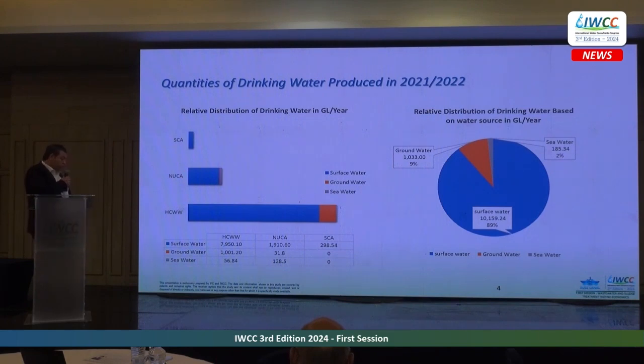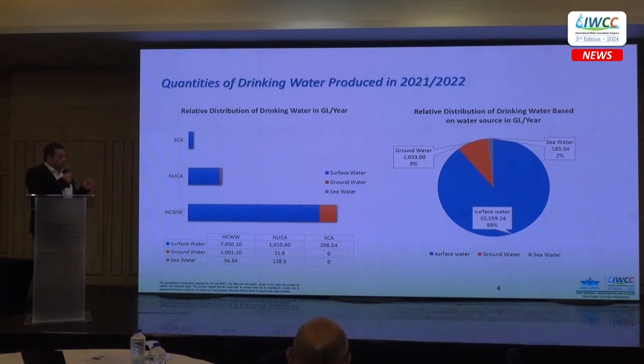While NUCA had produced about 2 billion cubic meter from the surface water and 31 or 32 million almost for groundwater and 128.5 million from seawater, and all the water produced from Suez Canal Authority was from the surface water.